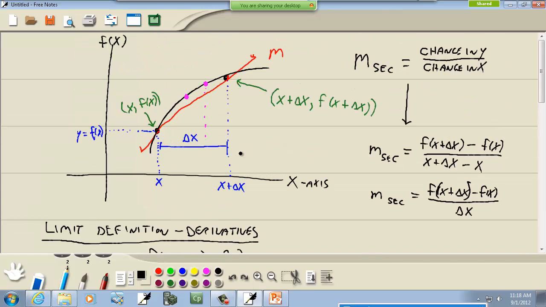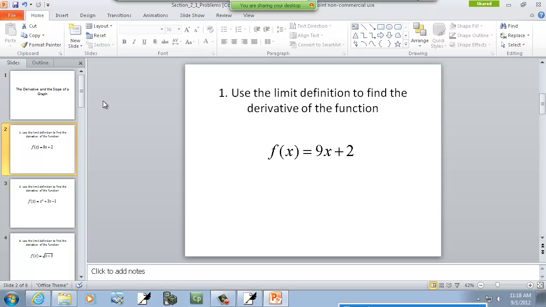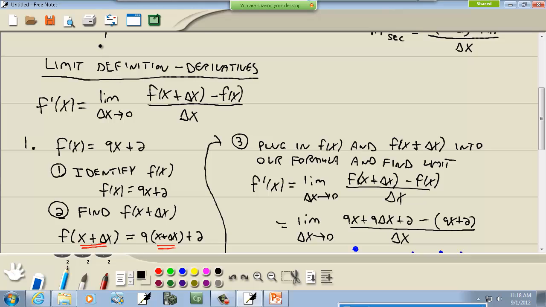Now I'm going to switch up on this the next example. Instead of delta x's here, I'm just going to put h. And this is the derivative and the slope of a graph.